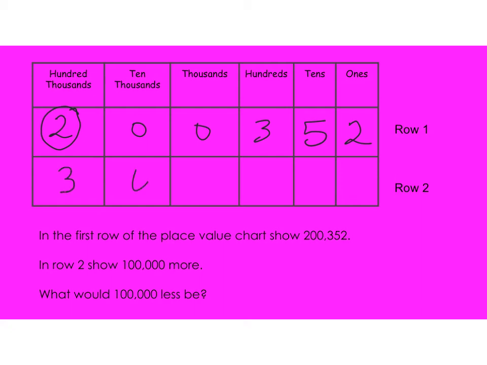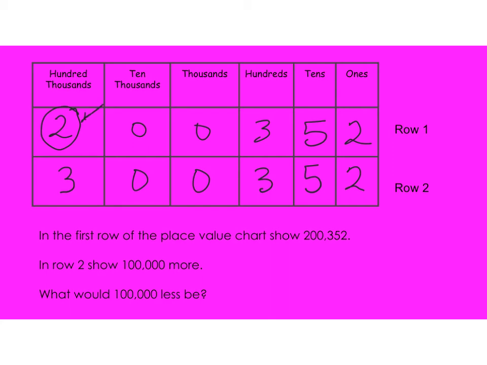And then we pull down the same values of the rest of the numbers. So we can actually say that 300,352 is 100,000 more than 200,352.